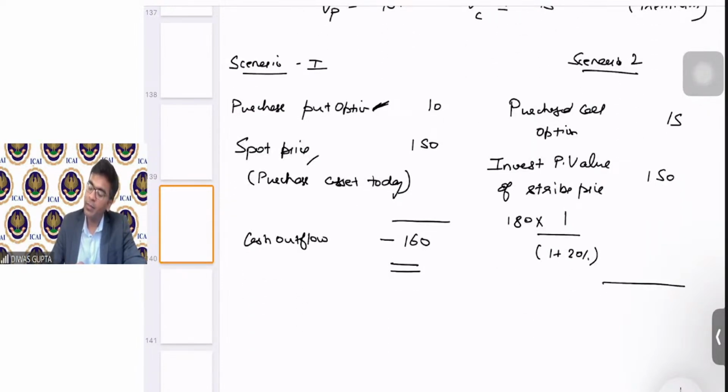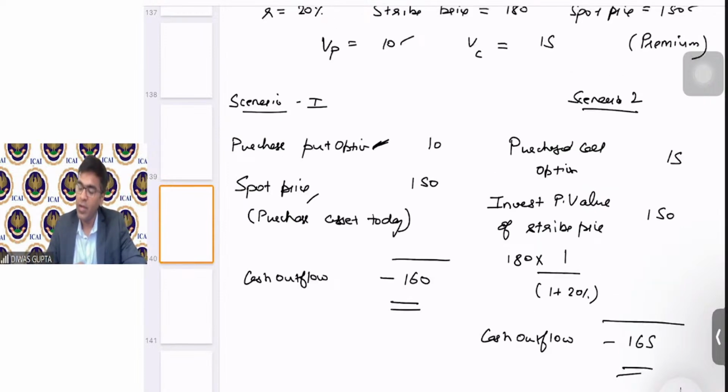So the total value becomes 165. Here also the cash outflow becomes 165. For purchasing a call option, I will pay a premium of 15 rupees. For getting this call option exercised, I will have to invest 150 rupees today. So the cash outflow is 165.